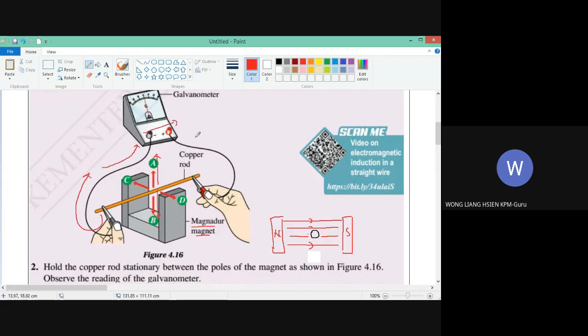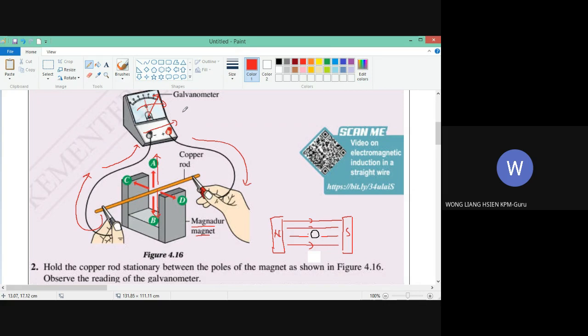So let's say the electron flows in this direction, passes through the galvanometer, and goes here. Then the electron moves in this direction, and the pointer of the galvanometer will deflect to that side. It will go like this to show the direction of the flow of charge.